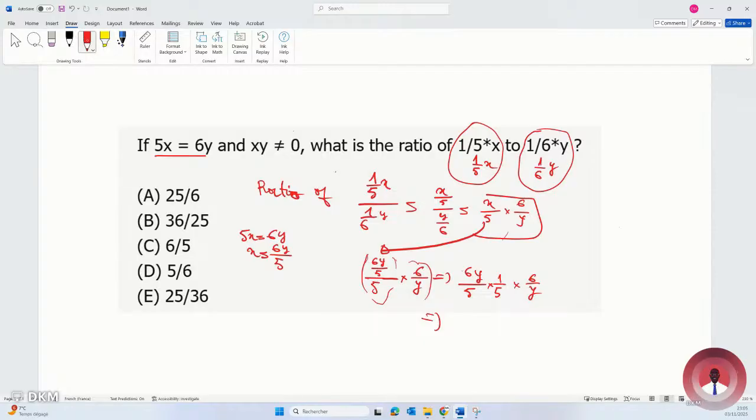So this will be 6y times 1 over 5 times 5, which is 25 times 6y. The y's are going to cancel, and we have 6 times 6, which is 36 over 25. So it's 36 over 25, which is this.